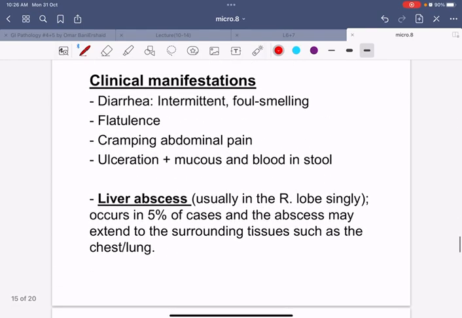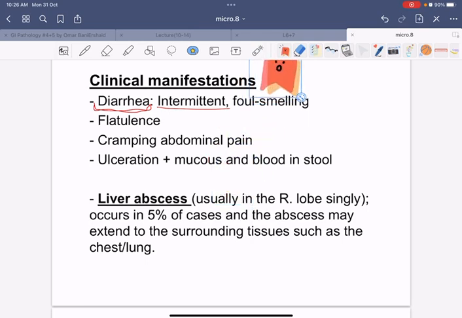Clinical manifestation: diarrhea. What did we say about diarrhea? Intermittent. I have seen many patients who say it is intermittent, and you have to think about amoebiasis. Foul-smelling stool. Flatulence, which we mentioned mainly in giardiasis, is also present here. Cramping abdominal pain. Ulcer in the large bowel. Ulceration plus mucus and blood in the stool.